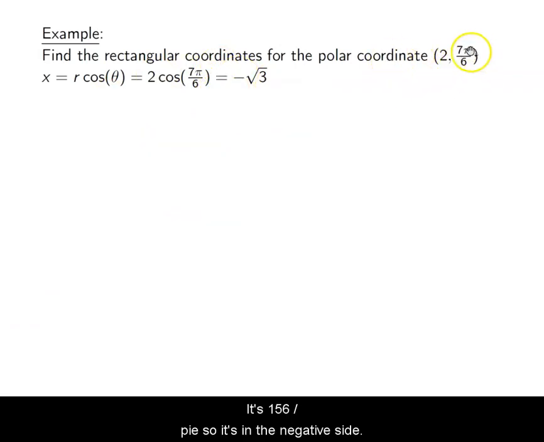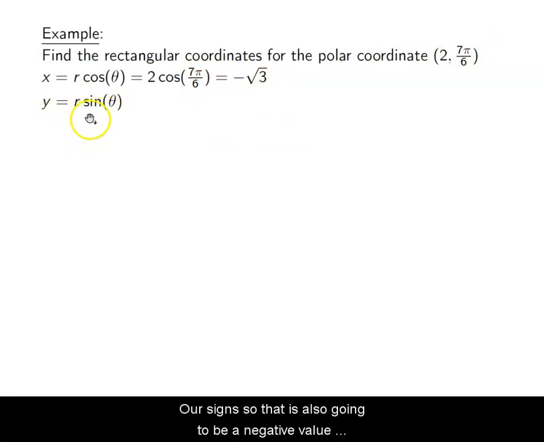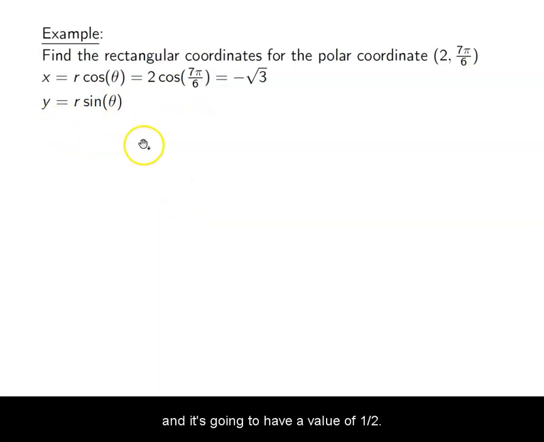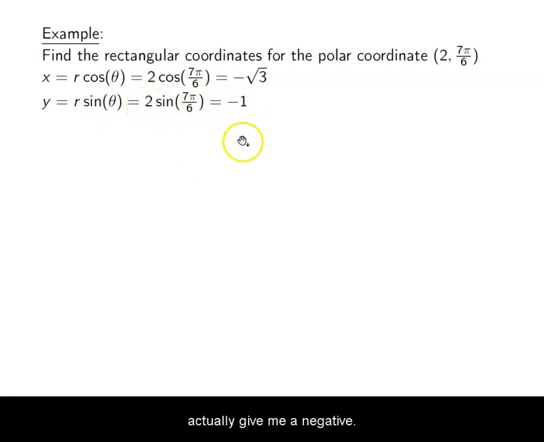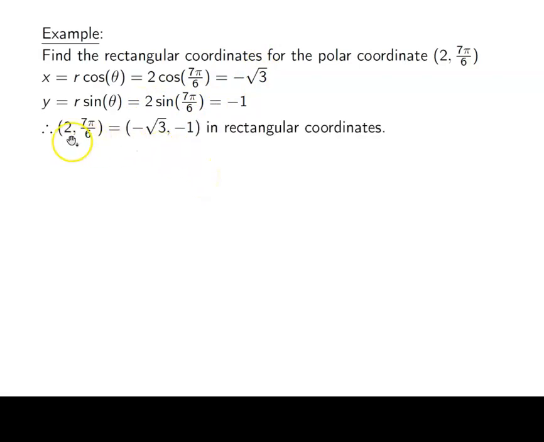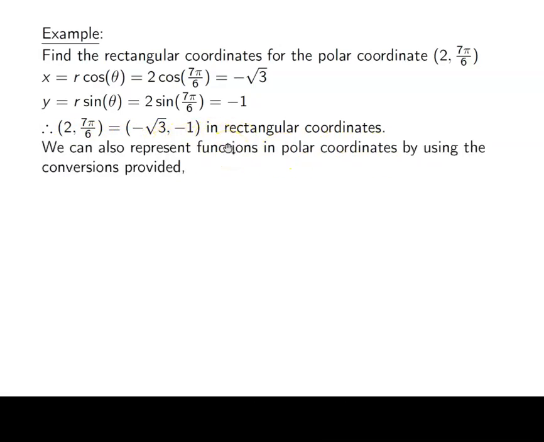It's 1 pi over 6 over pi, so it's on the negative side. Okay, r sine theta, so that is also going to be a negative value, and it's going to have a value of 1/2 for 2 sine 7 pi over 6. But we're going to multiply that by 2, so that will actually give me a negative 1. So my point here is going to be negative root 3 and negative 1 in rectangular coordinates.